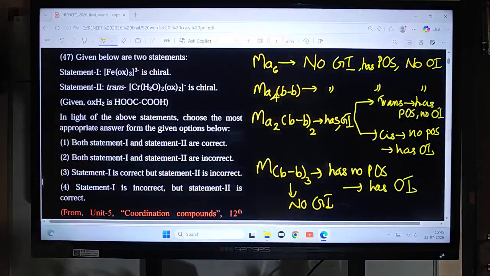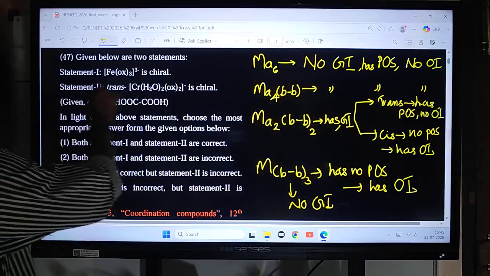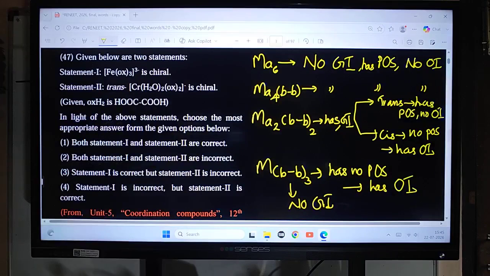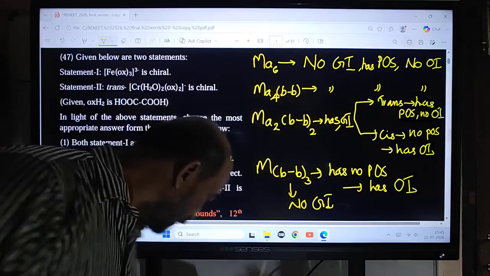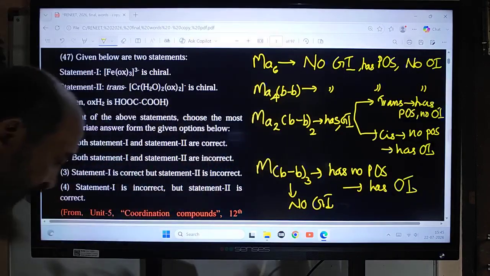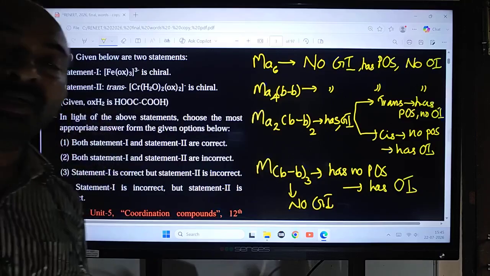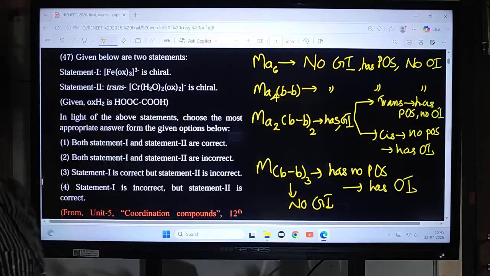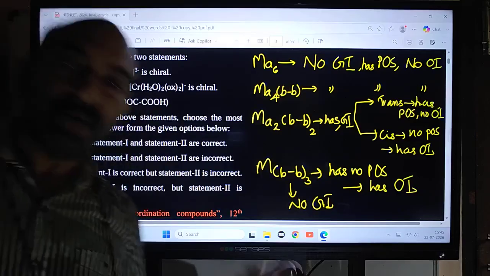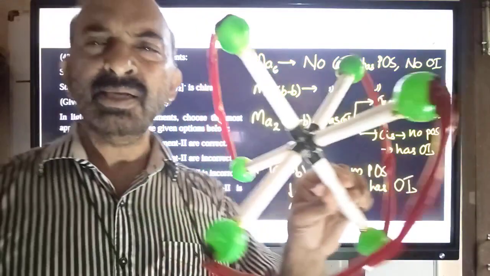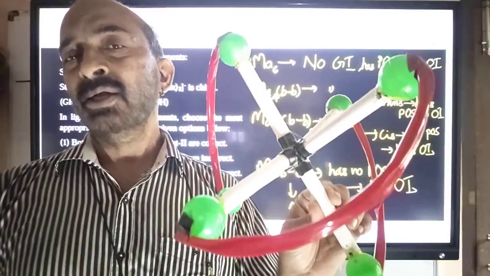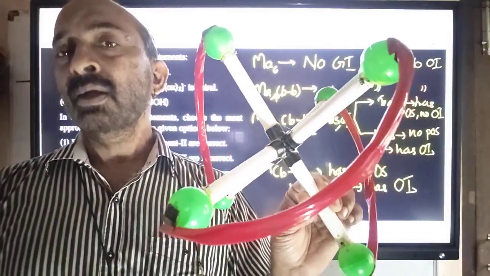Now we come back to the question. Look here, statement 1: FeOx thrice 3 minus is chiral. What does FeOx thrice 3 minus mean? It means 3 bidentate ligands. The first statement involves a bidentate ligand like this. We know it has no plane of symmetry, so it has optical isomerism.